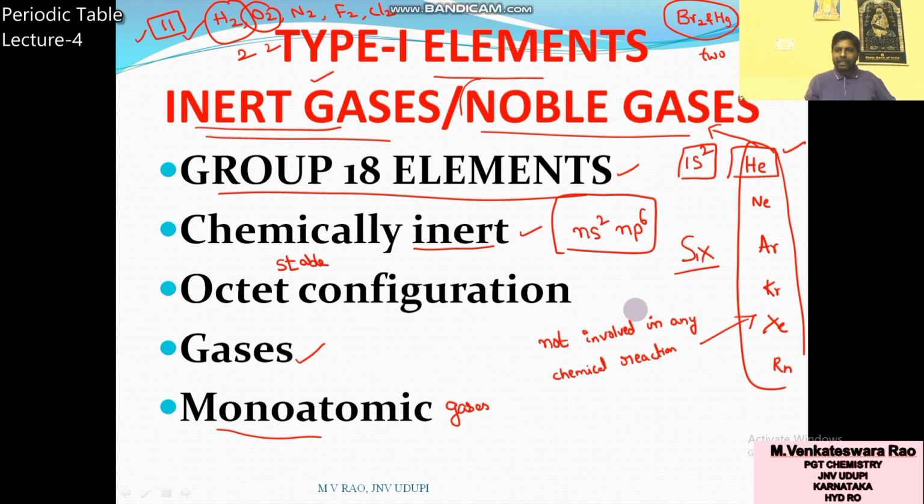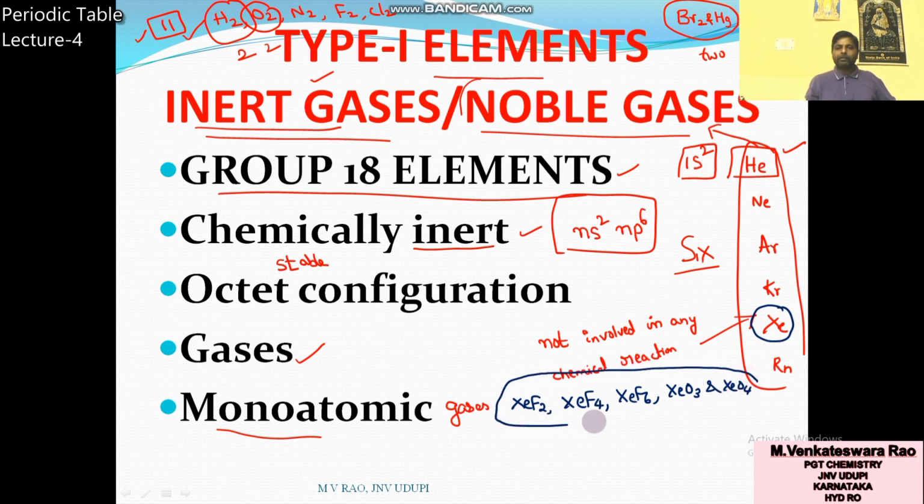But in recent times, scientists prepared some compounds of xenon: XeF2, XeF4, XeF6, XeO3 and XeO4. Xenon also forms some compounds like other elements.